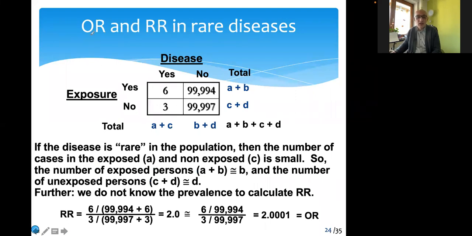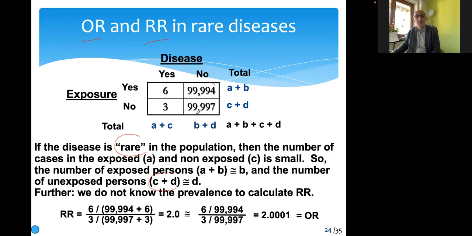Odds ratio and relative risks are interpreted in the same manner. Their meaning, their interpretation is the same, but their calculation differs a little bit. However, if you have a rare disease like lung cancer, then it doesn't matter so much because the total of C and D, these two cells here, is so high that it doesn't matter because of the rarity of the disease.